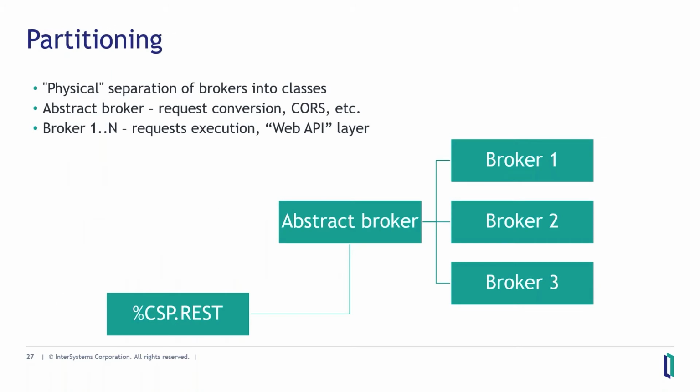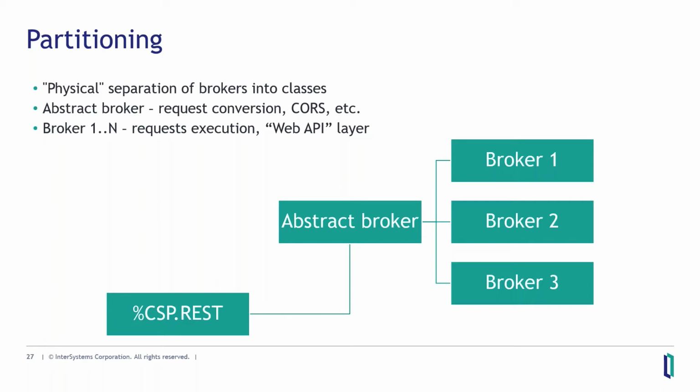First of all, we should partition our brokers. An API can have a lot of methods, and to ease our work with them, we can partition them. First of all, we should write an abstract broker, which doesn't do any business logic, which doesn't do anything besides common things which every broker needs.